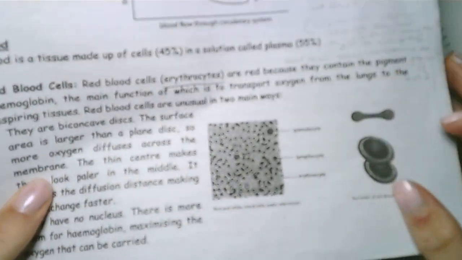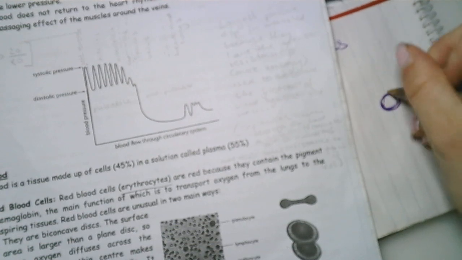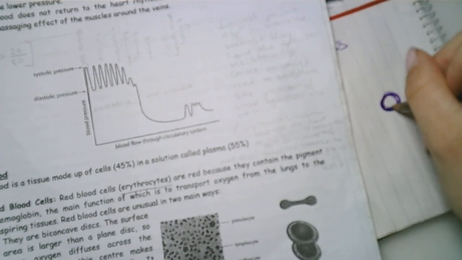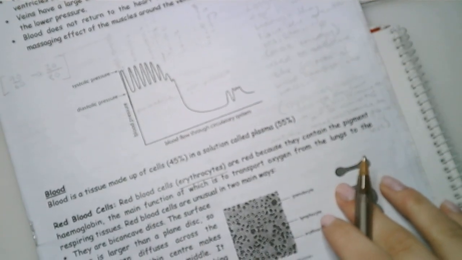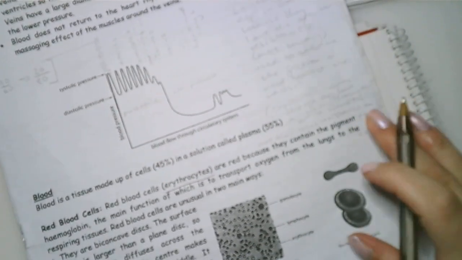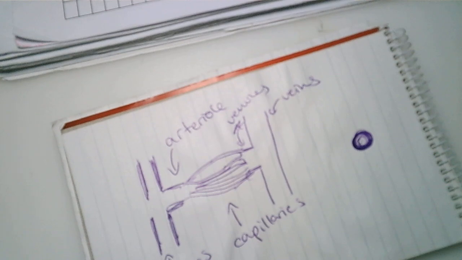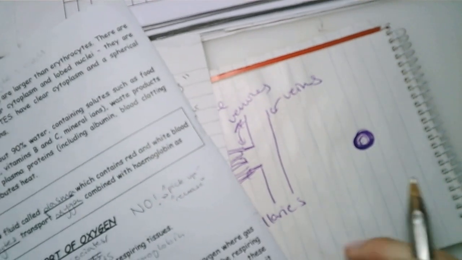If you look on this graph, it's a bit hard to see. In fact, it's showing it to you the other way around. So, on a microscope, red blood cells might look a little bit like that, but that's just because they have a thin center. And what it does is just reduces the diffusion distance, which means gas exchange is a bit faster than it would be otherwise.